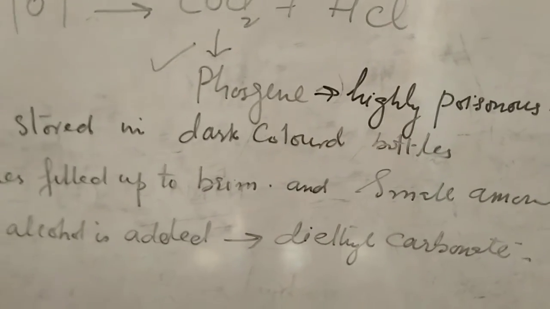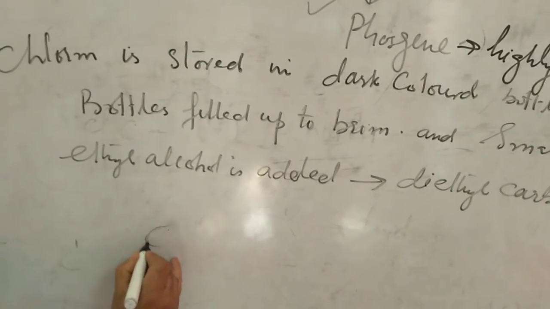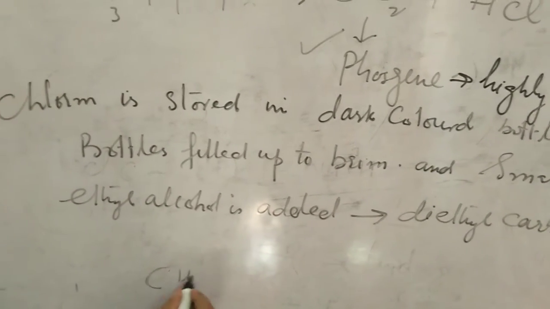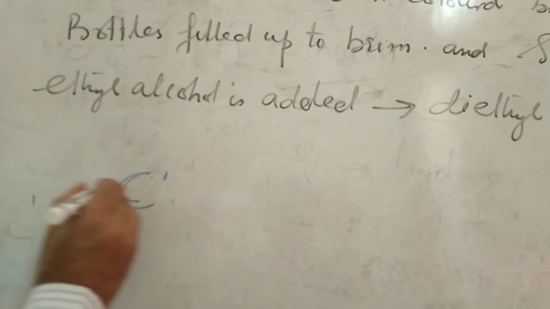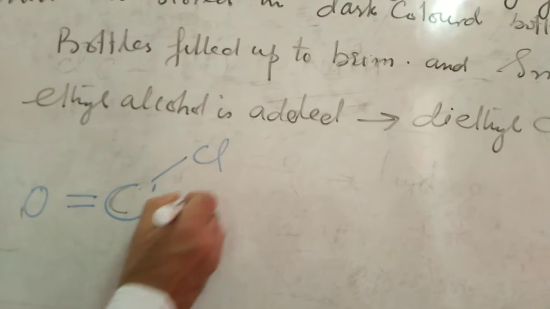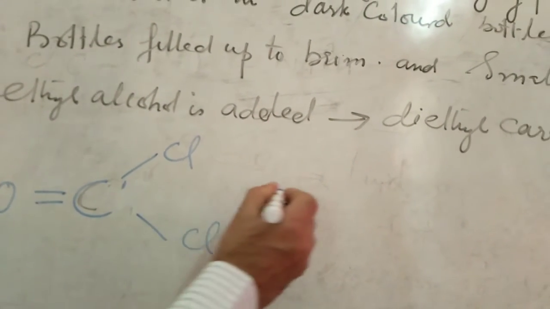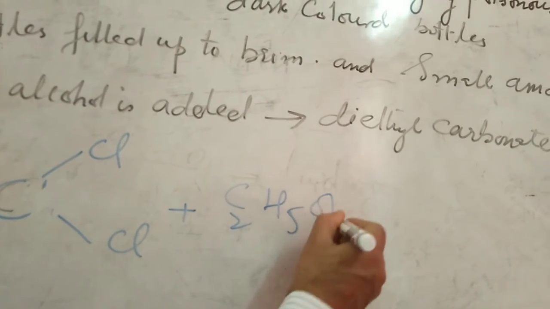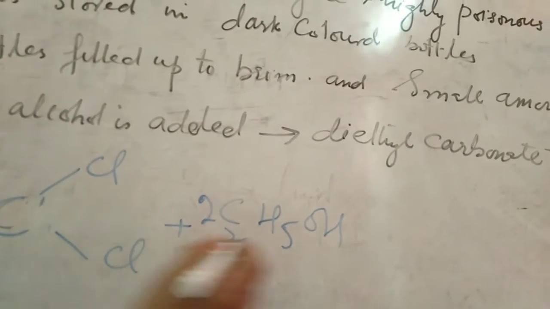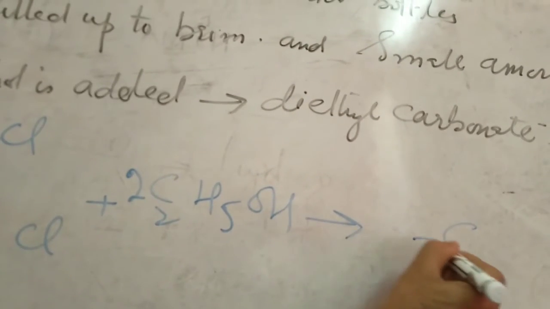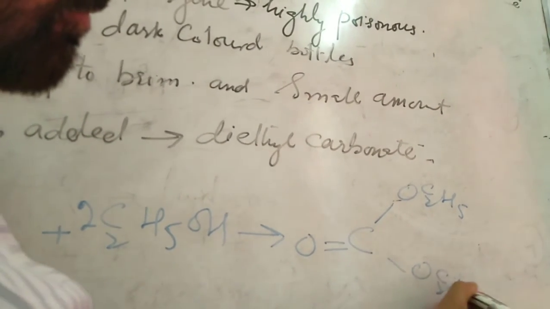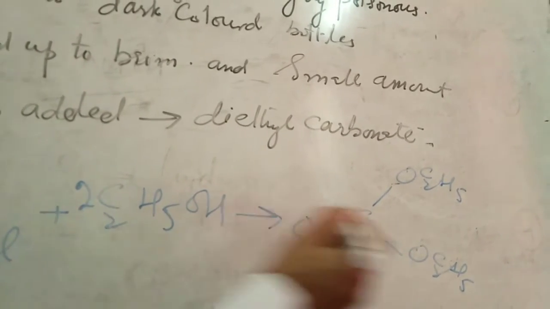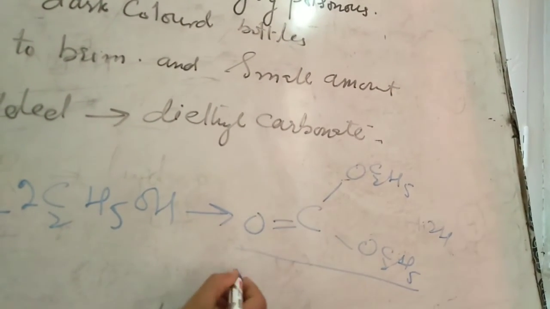For example, this is chloroform. हम phosgene गैस को लेंगे प्लस C2H5OH twice gives diethyl carbonate प्लस ट्वाइस HCl. तो ये डाइथाइल कार्बोनेट बनता है.